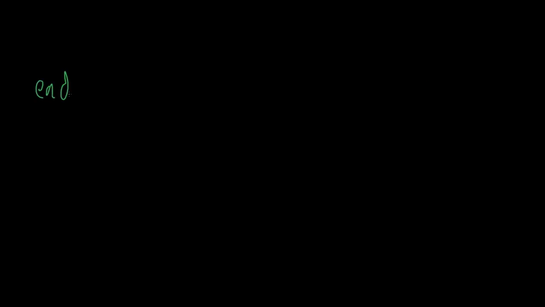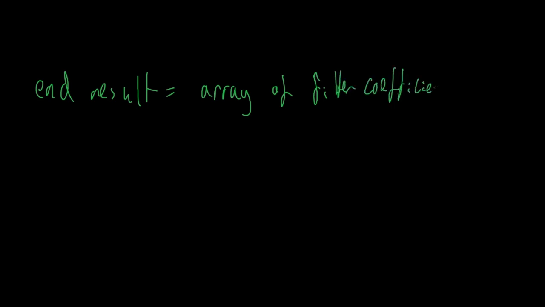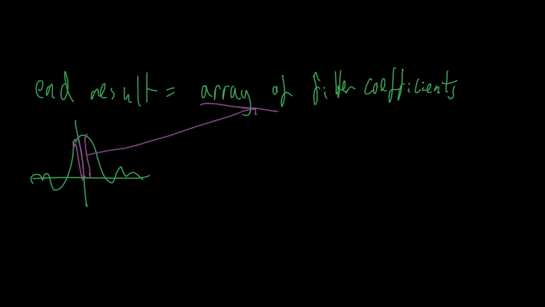The end result of all our previous lectures is just an array of filter coefficients. Remember that if you have an impulse response, the filter coefficients are just these samples, and that gets us our array of filter coefficients.